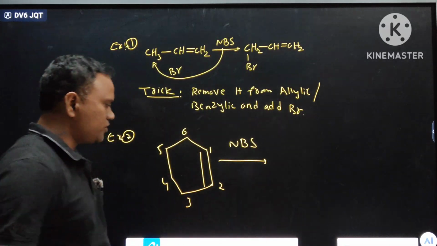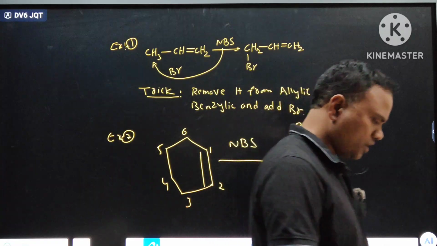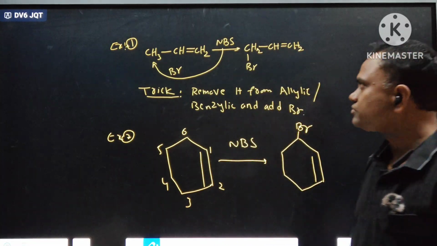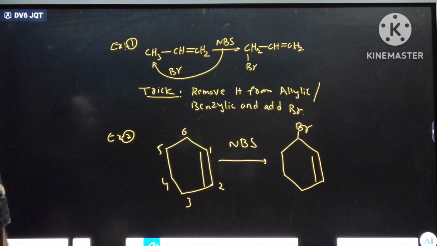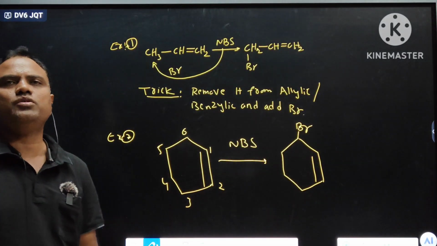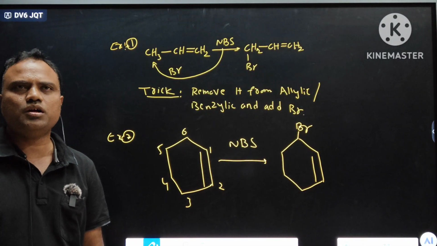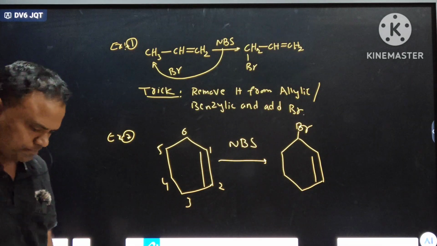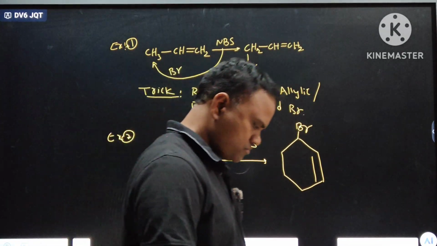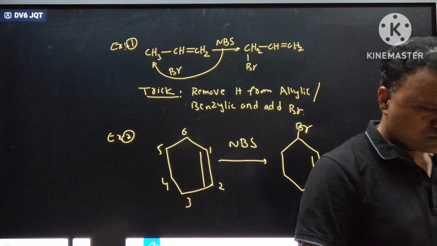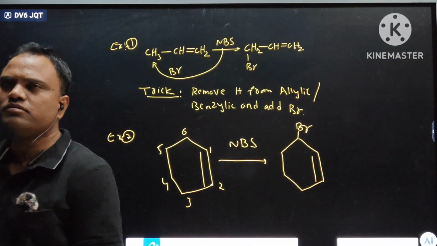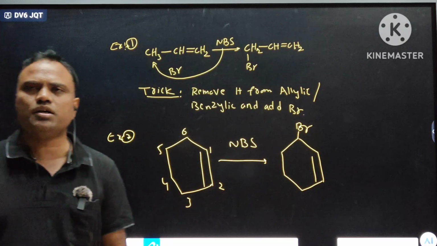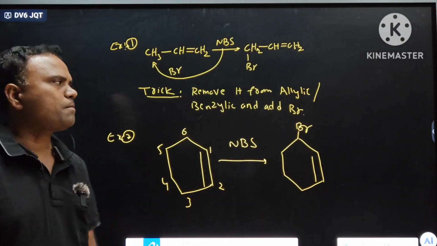You tell me at which position, 3 or 6, the free radical is stable. What is the order of stability of free radicals? 1 degree, 2 degree, 3 degree. What is the correct order of stability of free radicals? A tertiary free radical is more stable than a secondary free radical. A secondary free radical is more stable than, right.